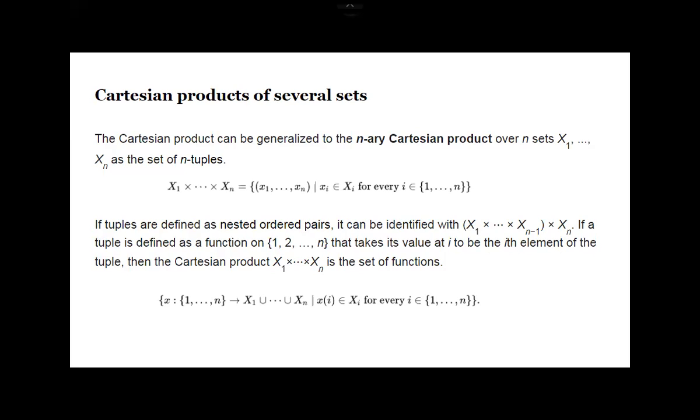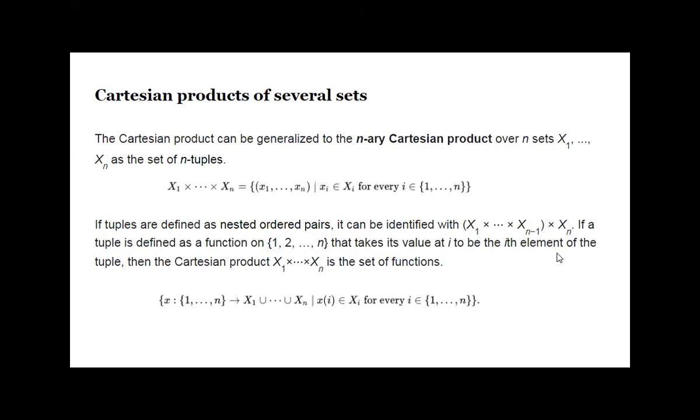X1 into X2 into X3 up to Xn minus 1, and Xn will be separate. This becomes two parts: X1 up to Xn minus 1 is the first one, and Xn is the second.